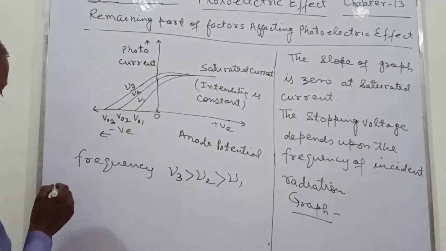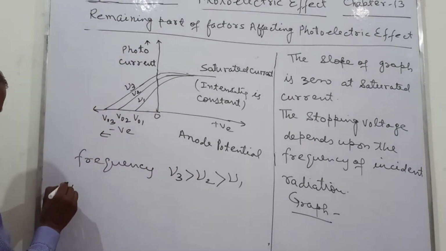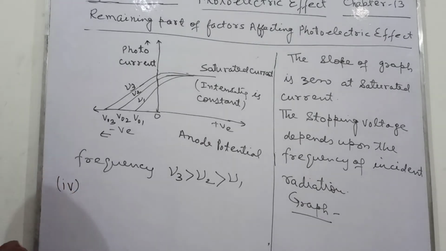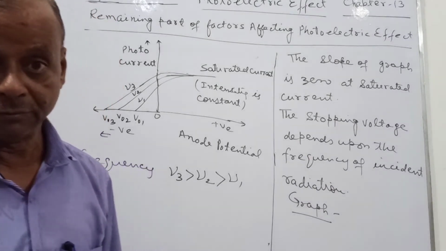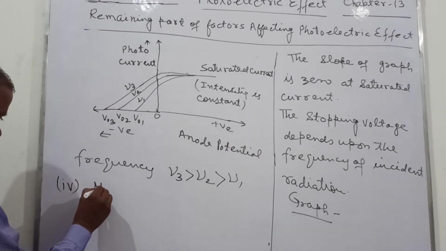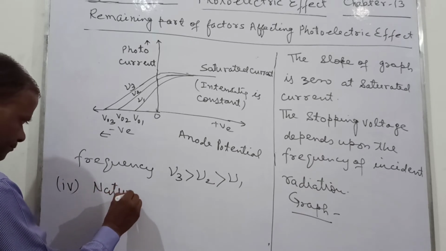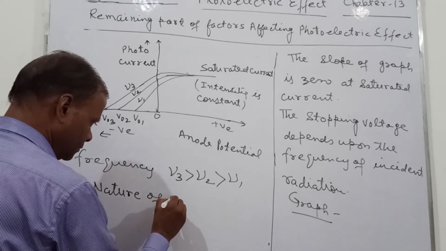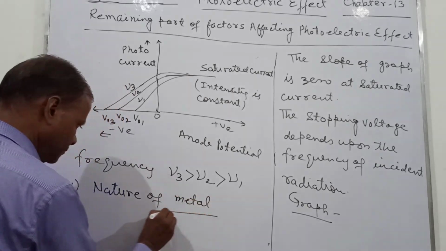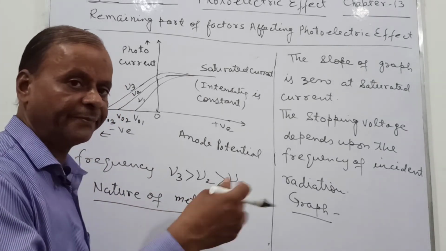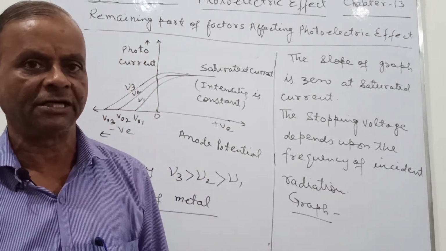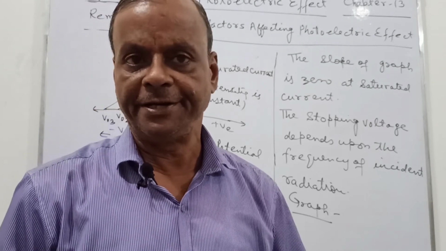Now the fourth factor is the nature of the metal surface. Suppose we take different metals, keep the intensity constant, and vary the frequency of incident radiation.